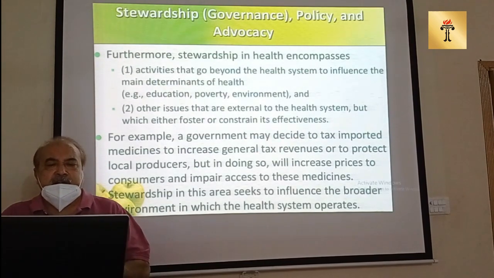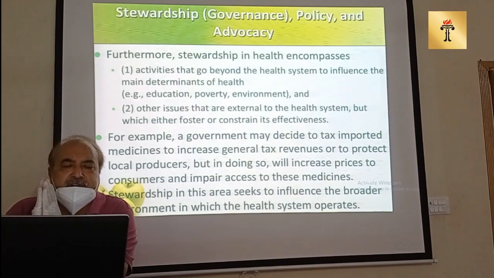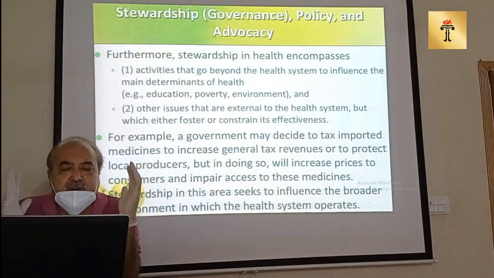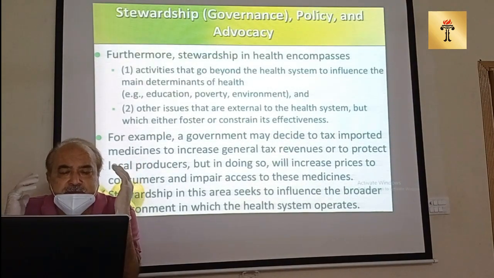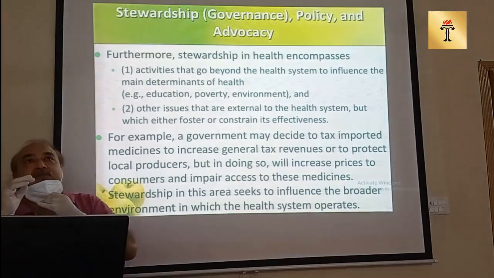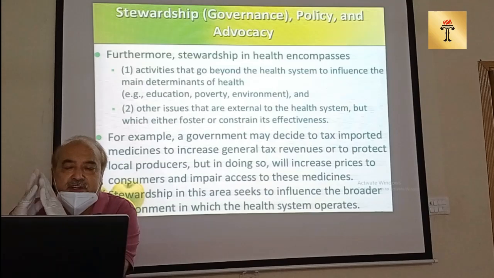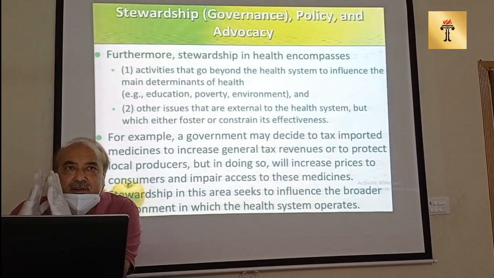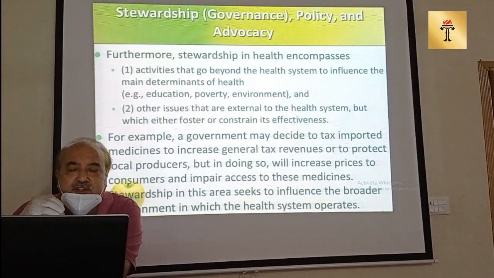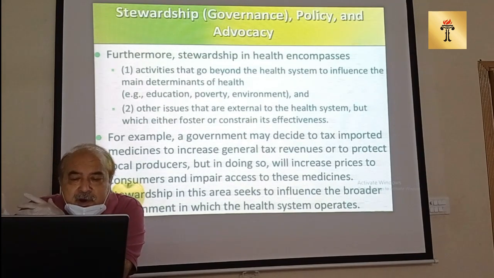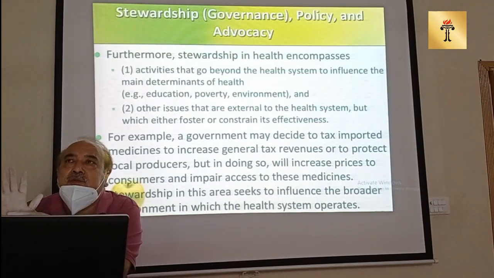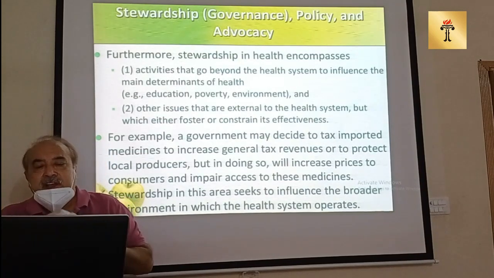Then in stewardship, there are certain activities that go beyond the health system to influence the main determinants of health, for example, education, poverty, and environment. Ignorance, or not being educated, or poverty, and environmental hazards, these are all barriers to health.